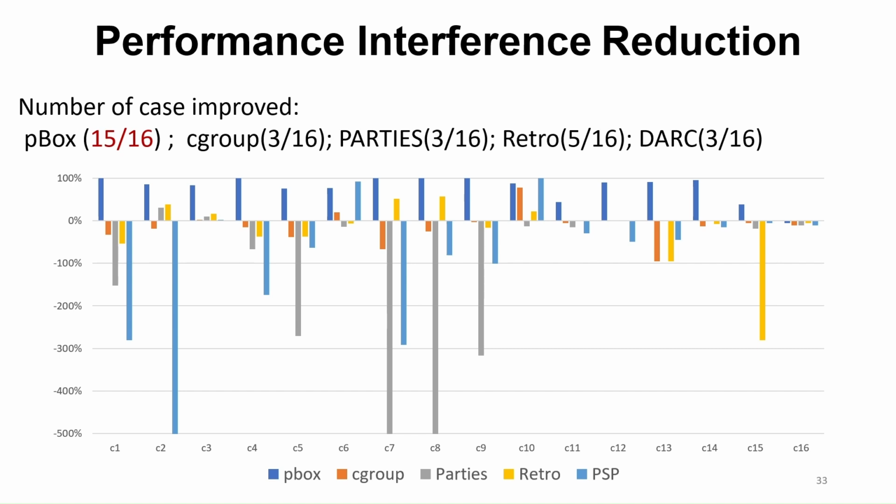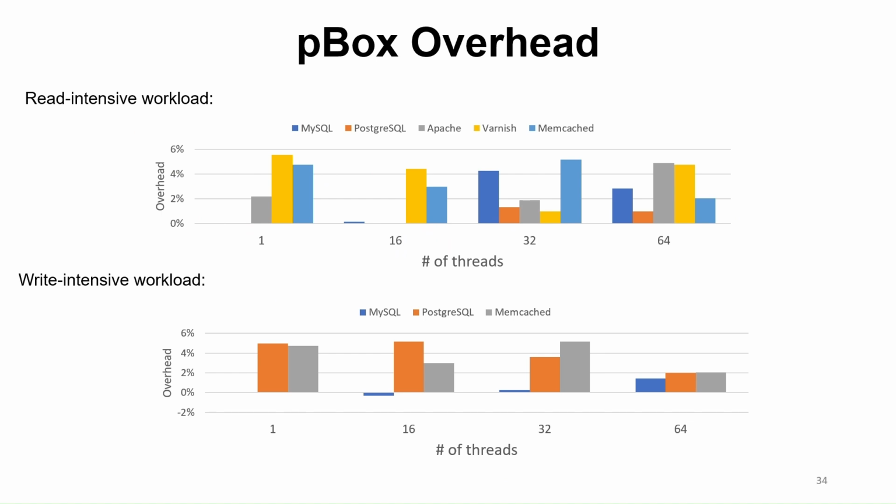Also, the pBox average reduction ratio is higher than other approaches. In our overhead experiment, we run both read-intensive and write-intensive workloads on 5 different systems, varying the number of clients. The results demonstrate that pBox introduces negligible overhead, with an impact of less than 6% in all cases.